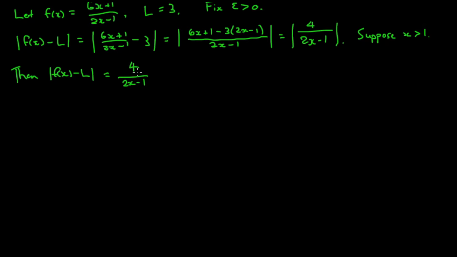Now I'd like to simplify this a little further, so I'll say that that number is less than 4 over x, and that is since, if x is greater than 1, which I've just supposed, then our denominator 2x minus 1, I can rewrite as x plus x minus 1, which is greater than x, because x minus 1 is a positive number.